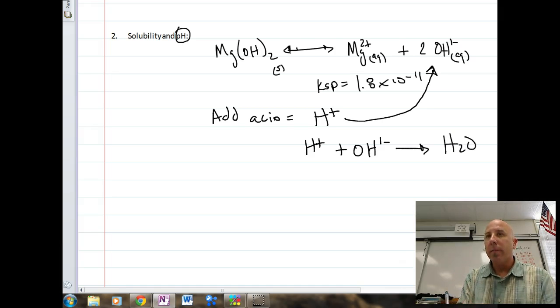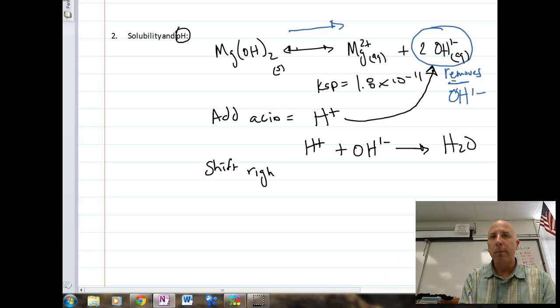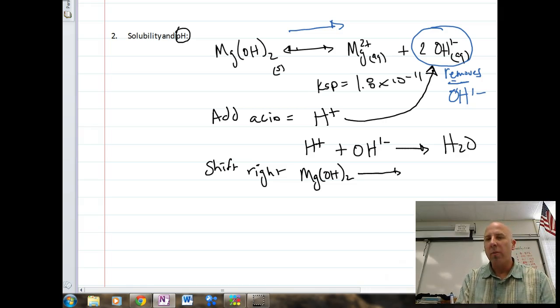Now, what that effectively does is it effectively removes our hydroxide. Now, if we remove something from an equilibrium mixture, that means that equilibrium will now shift towards what is being reduced. So the equilibrium is going to shift right, and more magnesium hydroxide is going to decompose, or dissolve would probably be a better word.